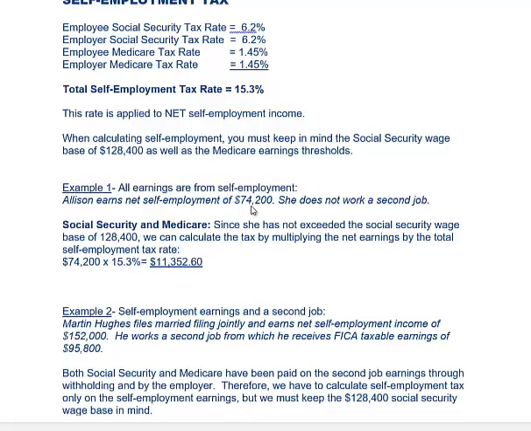Notice that the $74,200 does not exceed the Social Security wage base, so it's pretty easy to calculate her self-employment tax. We'll take her self-employed earnings of $74,200, multiply that times 15.3% for self-employment tax. So her self-employment taxes for the year are $11,352.60. It's a pretty high tax.